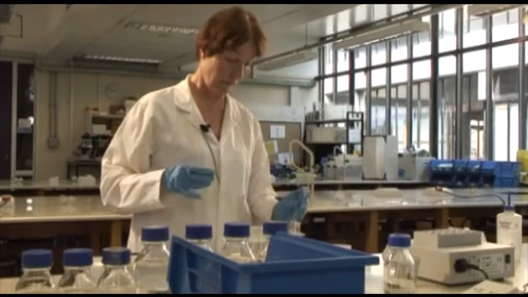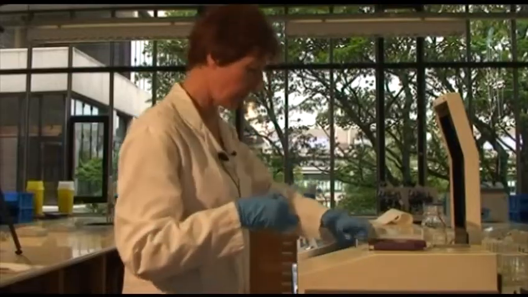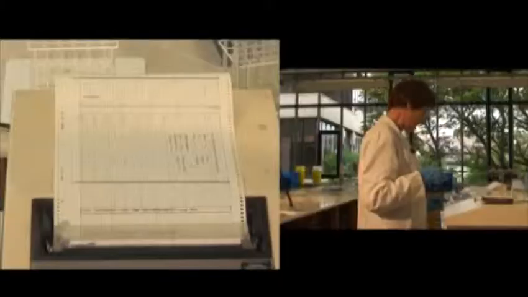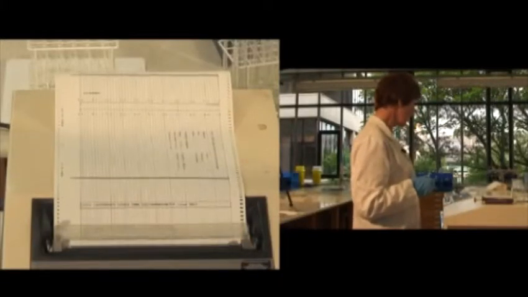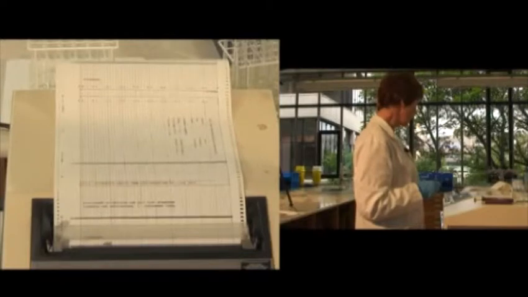And I've set up a cuvette containing buffer at a suitable pH, the substrates for the reaction, which are pyruvate and NADH. When I put this into the spectrophotometer, you can see the absorbance caused by the NADH present.